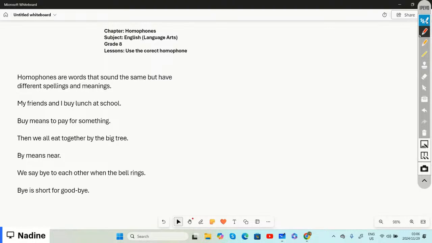So once again, we say homophones. It is words that sound the same, but they have different spelling and different meanings. So the spelling is different as well as the meaning is different, but the word sounds the same.